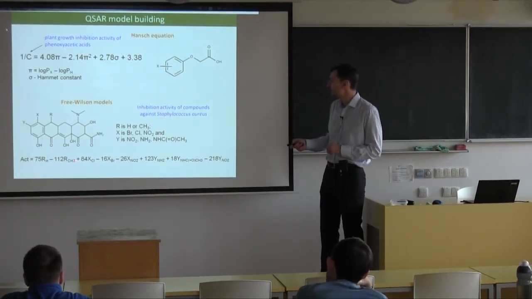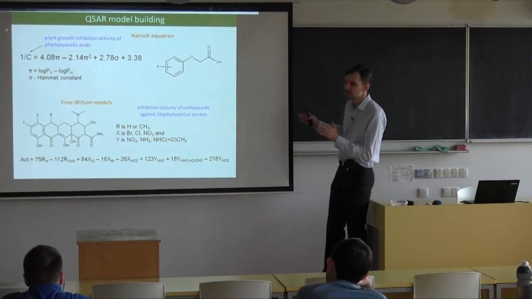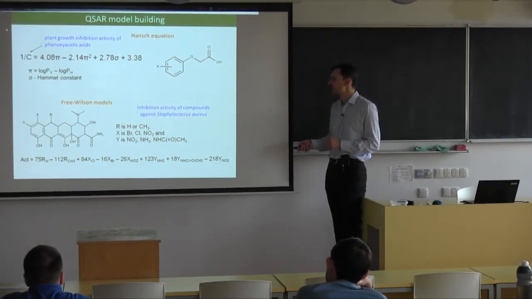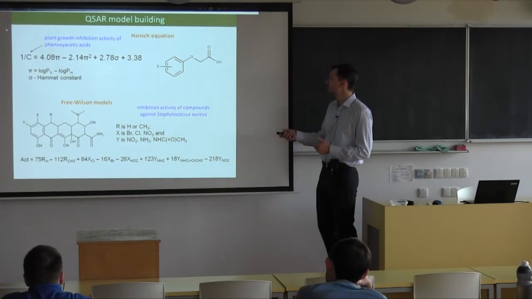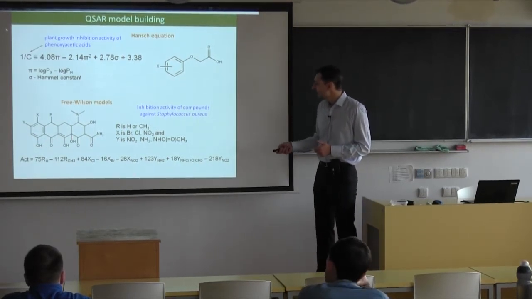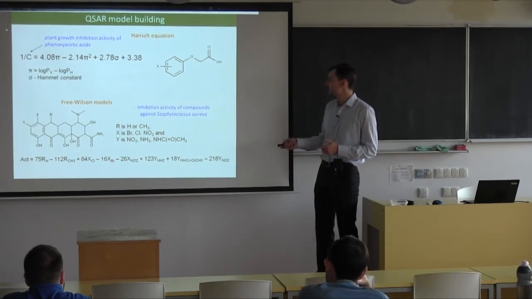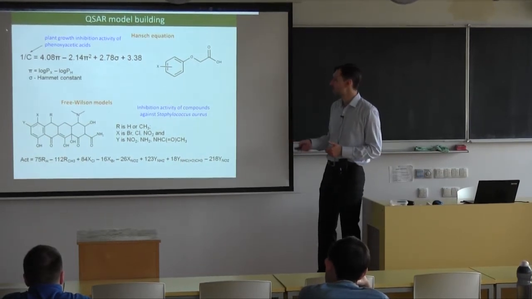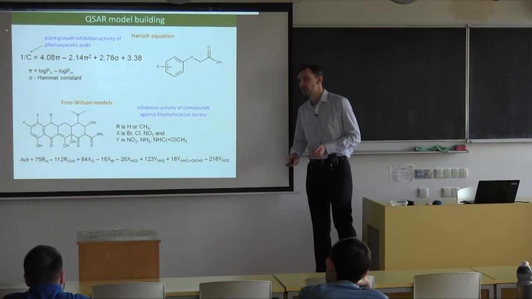And then you can create the same linear equation with the coefficients. If you have a compound with the same scaffold but with different substituents, you can substitute these descriptors with 0s and 1s corresponding to your structure and predict the property.